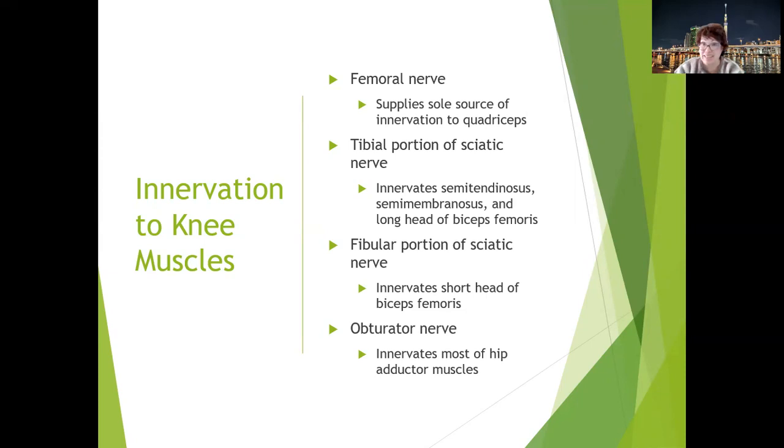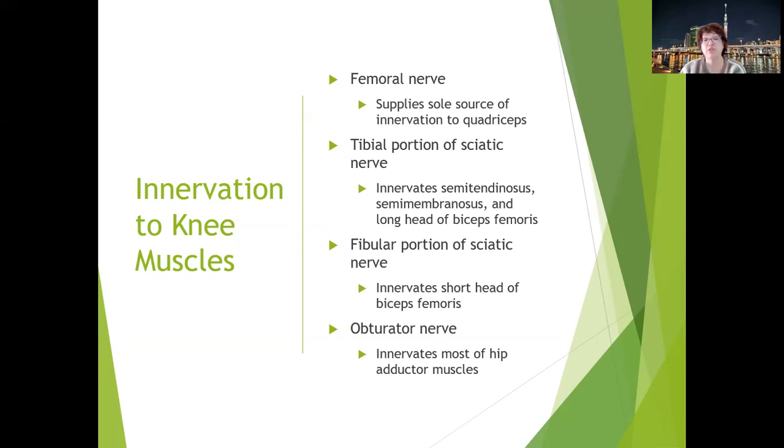The tibial portion of the sciatic nerve innervates the semitendinosus, semimembranosus, and the long head of the biceps femoris, which are primary knee flexors and rotators. The fibular portion of the sciatic nerve, also known as the peroneal portion, innervates the short head of the biceps femoris.